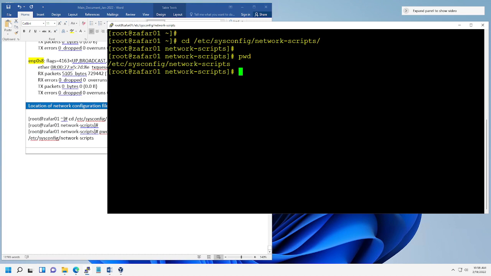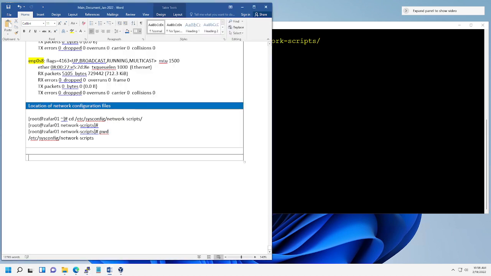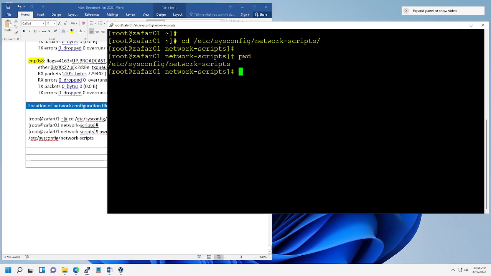Okay, I'm going to do ls here. What I have here is a lot of information: ifcfg-enp0s3 and ifcfg-enp0s9.